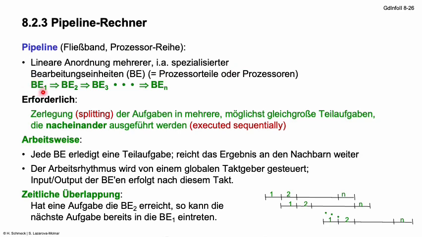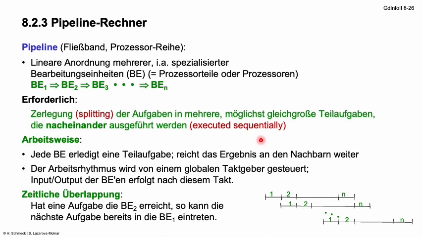And we use PE for denoting these processing units. So you can call them processing units, or processor parts, or just processors. What is very important is that you have a possibility to split the tasks into a number of, if possible, equally sized partial tasks, which can be executed sequentially, so one after another.